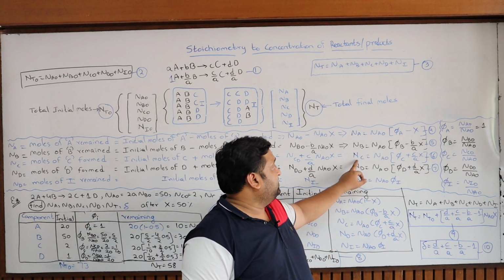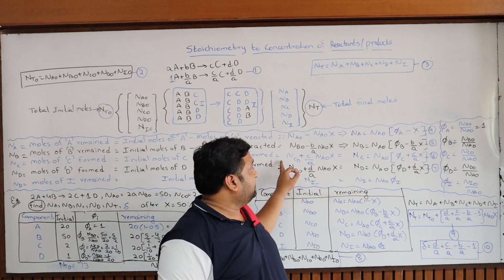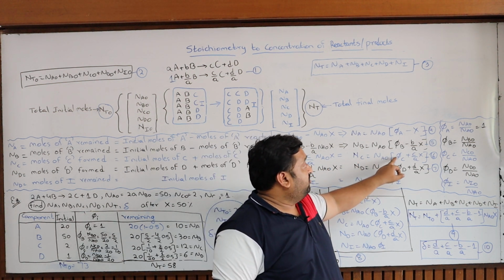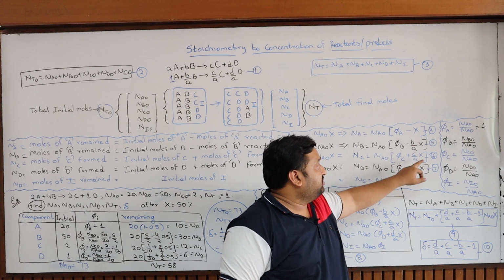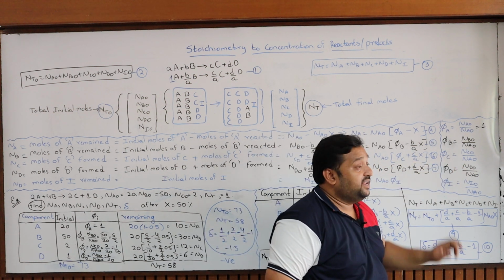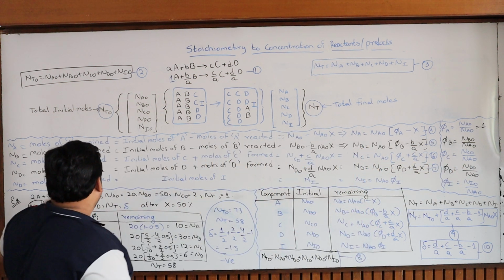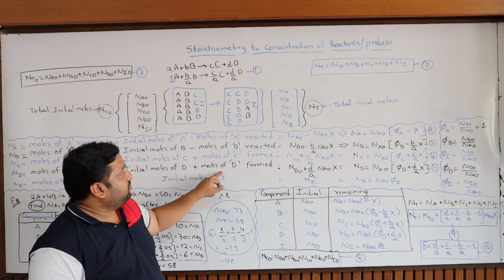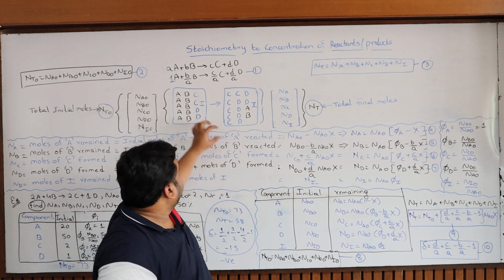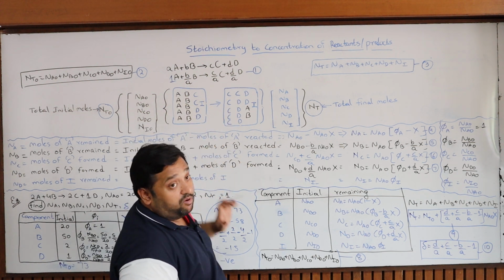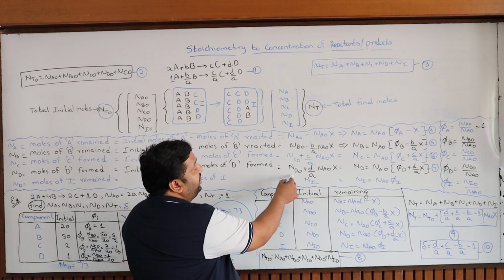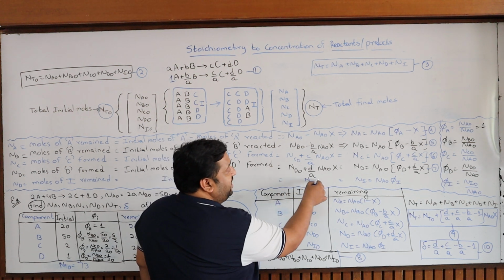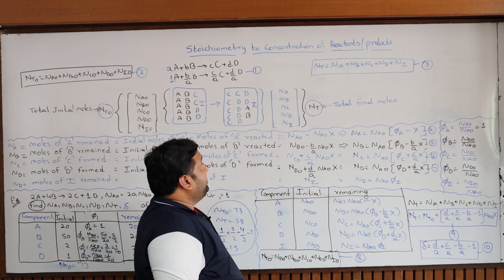Therefore Nc, if you common out Na0 from this equation, is Na0 into phi C plus C by A times X. What is this phi C? Nc0 by Na0. Similarly for D, moles of D formed is initial moles of D plus moles of D formed, that is Nd0 plus D by A into Na0 into X. Why this D by A?